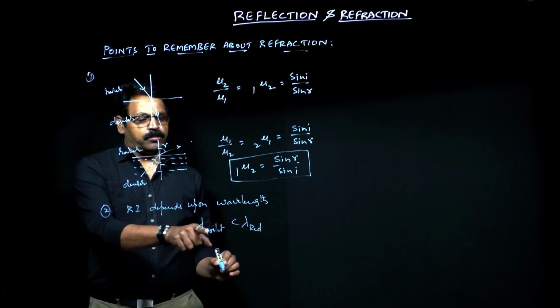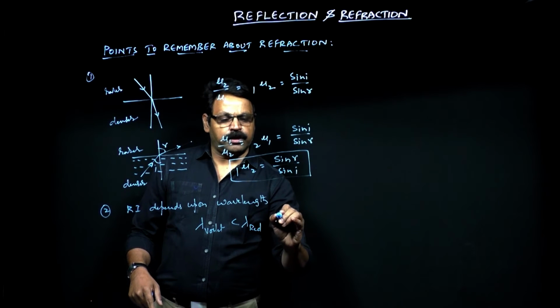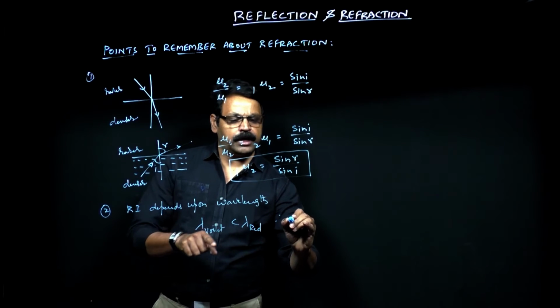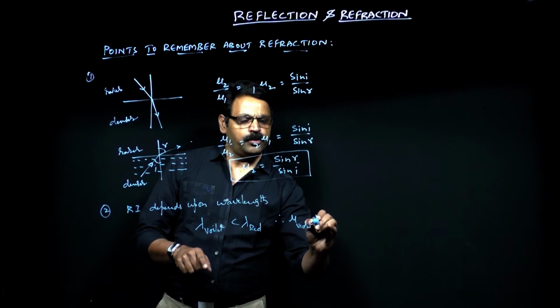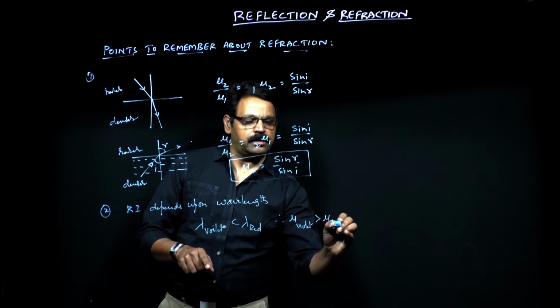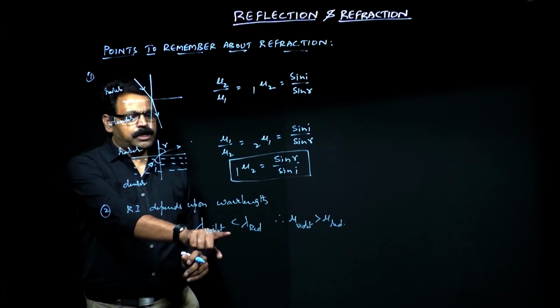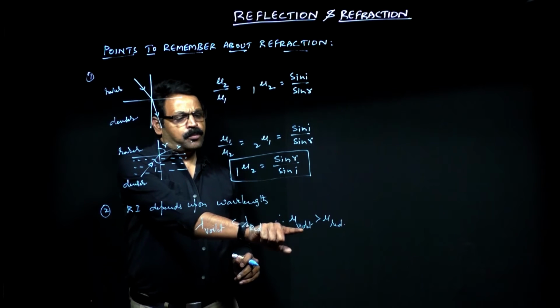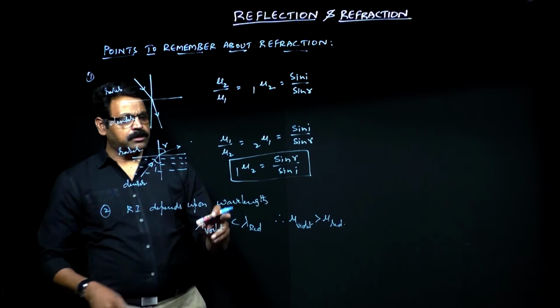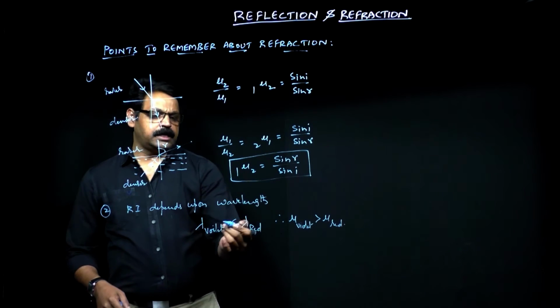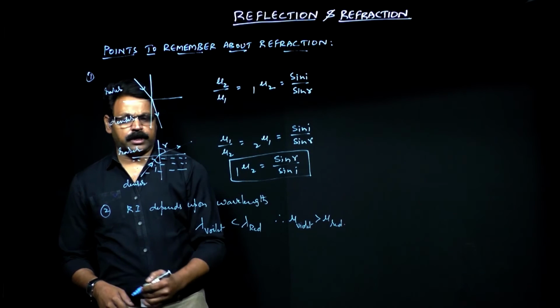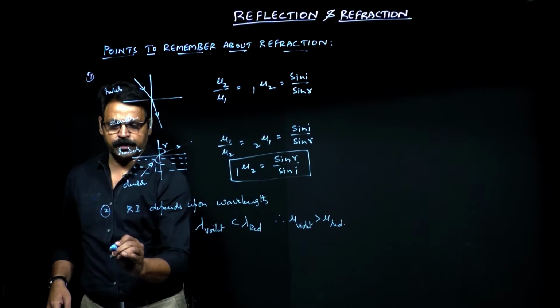Therefore, when moving from violet to red, mu violet is greater than mu red. So violet has more refractive index compared to red because the wavelength is less in case of violet compared to red. This is one more point to be remembered.